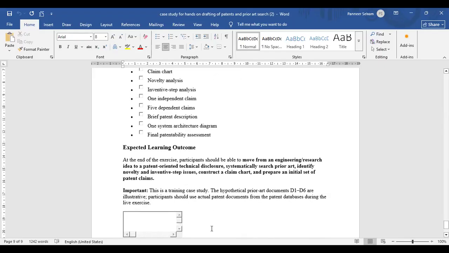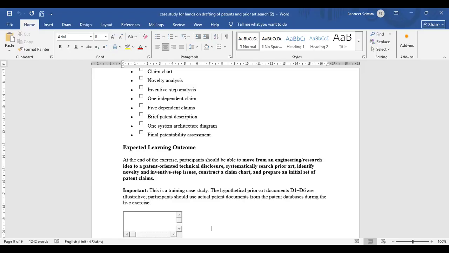One important point must be remembered: the prior art documents D1 to D6, as mentioned in the case study, are just hypothetical and illustrative. During the live FDP exercise, a participant should replace these hypothetical references with the actual patent documents obtained from appropriate patent databases.